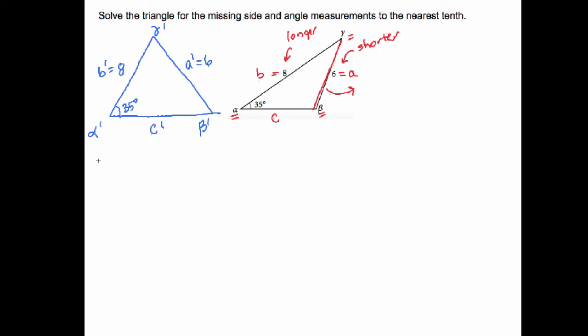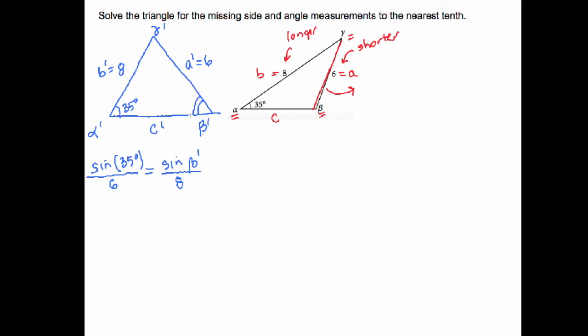I'll start by using the law of sines. I know the sine of 35 degrees over the side opposite it, which is 6, is equal to the sine of beta prime all over 8. Now you may be wondering why I'm dealing with beta prime on this second triangle that I've drawn.